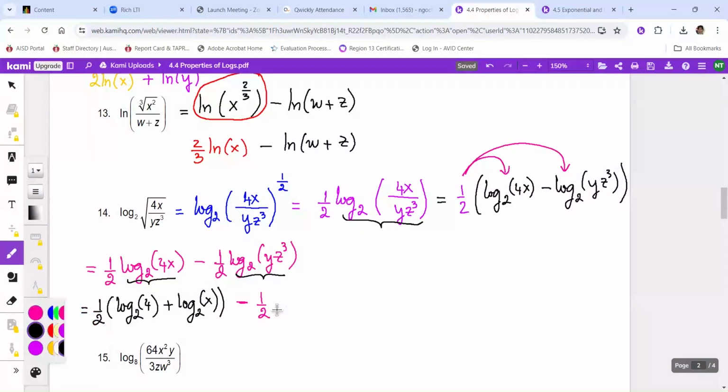And then again, we're using the product property. So I'm going to go ahead and expand this. So we get log base 2 of y plus log base 2 of z to the power 3. We are almost done.